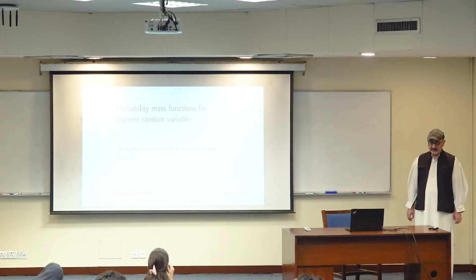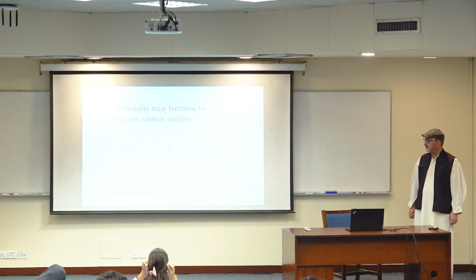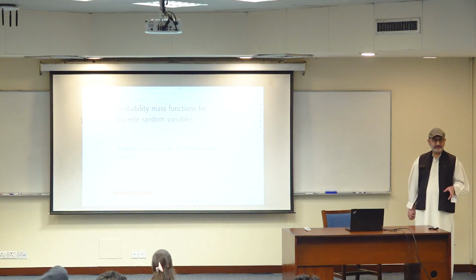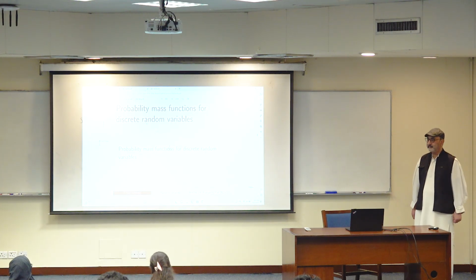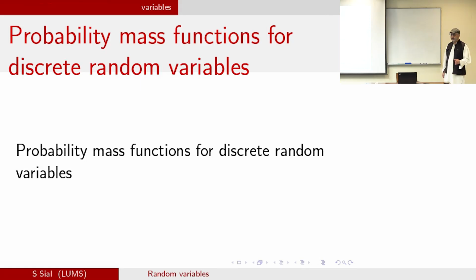Okay. So if we have a discrete sample space and we map to the reals using a random variable, we call that random variable a discrete random variable. And we are interested in the probability that a random variable takes a particular value.